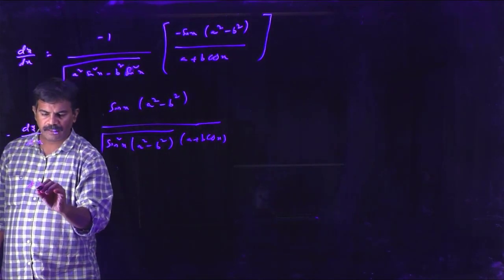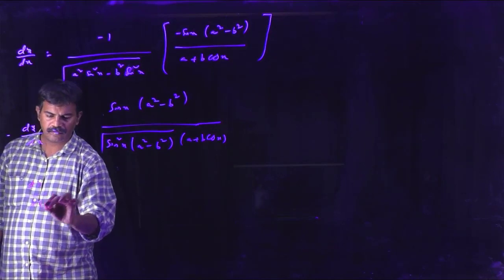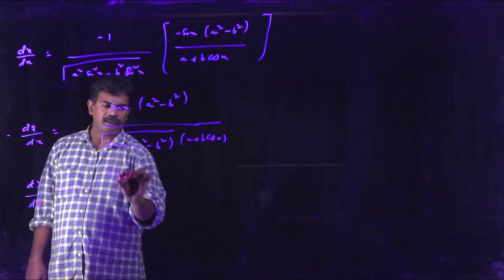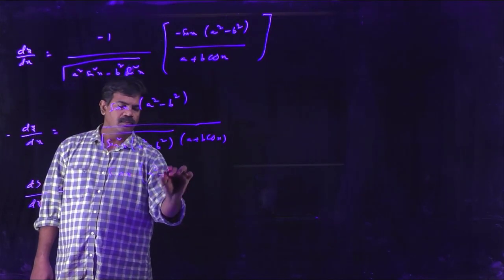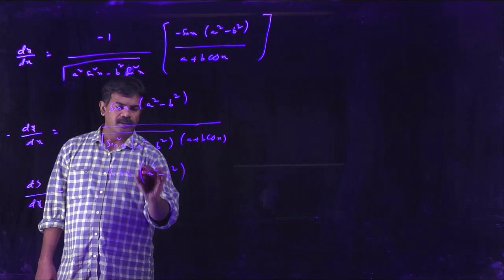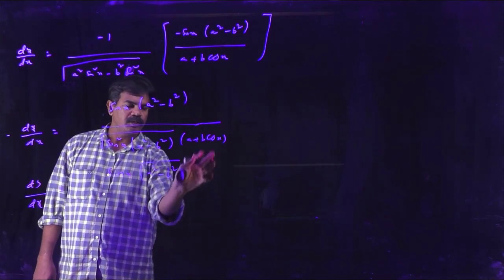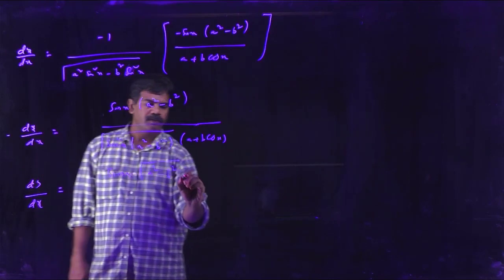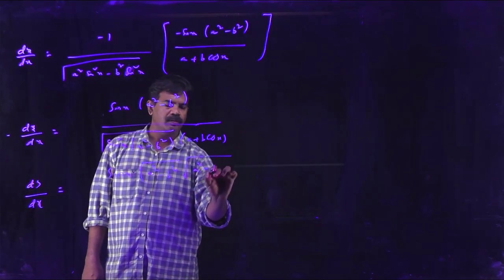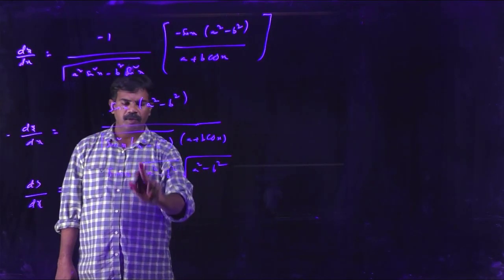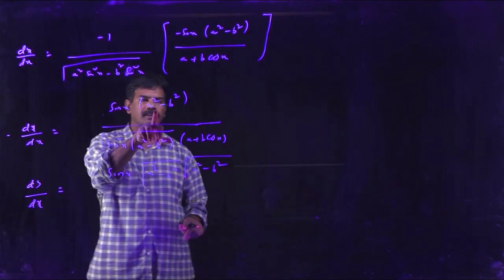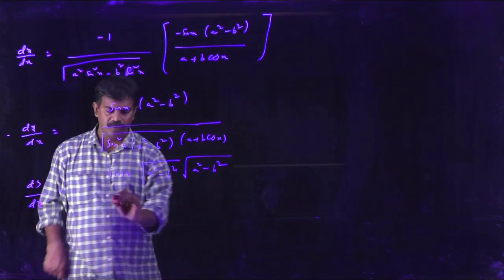dy by dx is equal to sin x into root of a square minus b square into root of a square minus b square, because this is in the form of x, we can write it root x into root x.